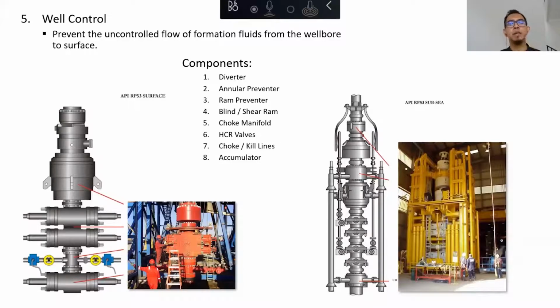Annular preventer has the capability to stretch in and stretch out a little bit when the drill pipe passes through it, if it is required. But pipe ram or ram preventer doesn't have that flexibility, because pipe ram is a fixed size.